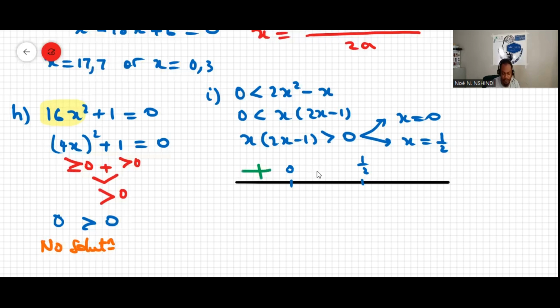Okay, and then if I take a number in between, 0 and 0.5, like a quarter, for instance, I'll have 1/2 minus 1, which is negative. Positive and negative would make it negative, and this one will be positive there. So greater than 0 are in this interval here and there. So this means x is lesser than 0 or x is greater than 1/2. You see?